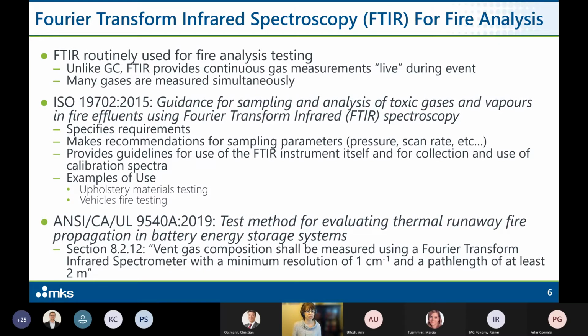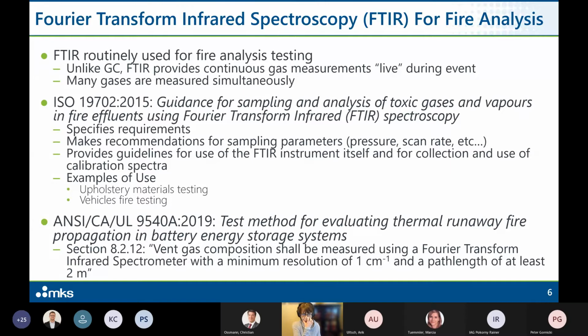Some examples of use are upholstery material testing, for materials that go in moving vehicles typically, because that's where it can be the most dangerous.